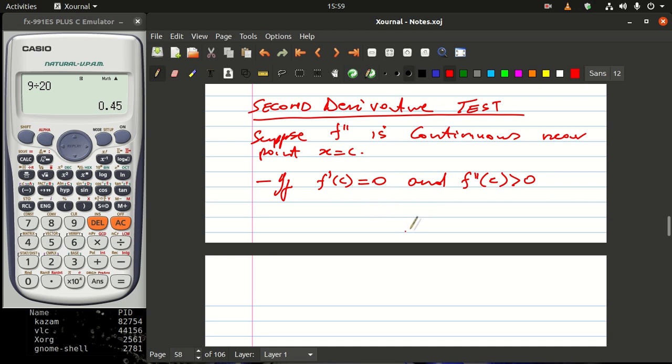At this point, I know that the first derivative is equal to 0, so the function is not changing there. And then the second derivative is bigger than 0. In other words, at this point we have concave up. So what is this saying? It's saying that here we have a local minimum. So f has a local minimum at c.